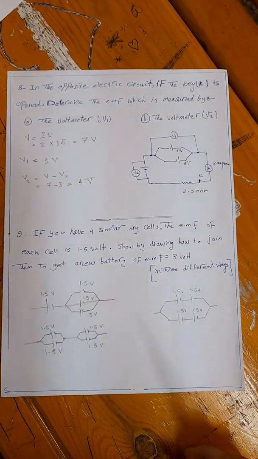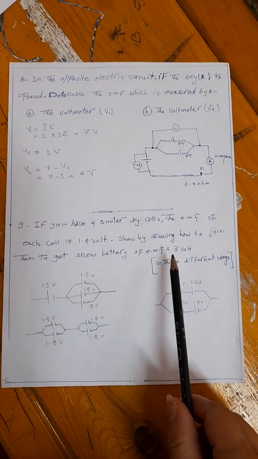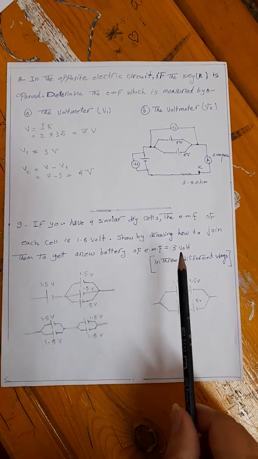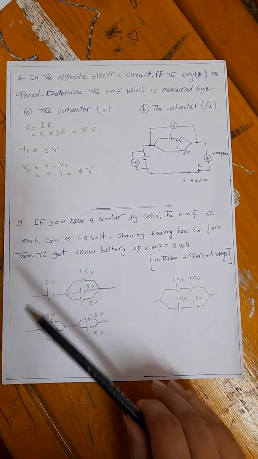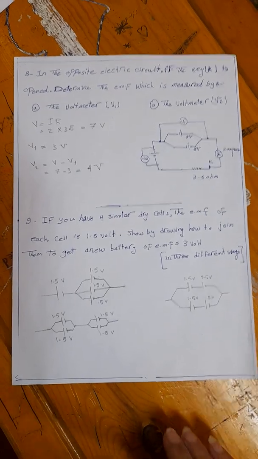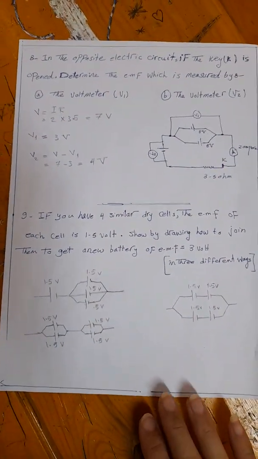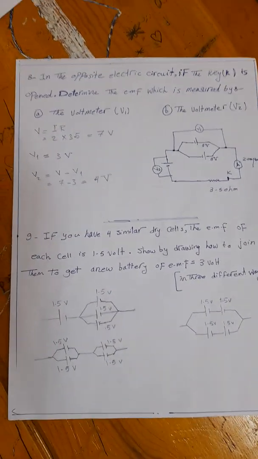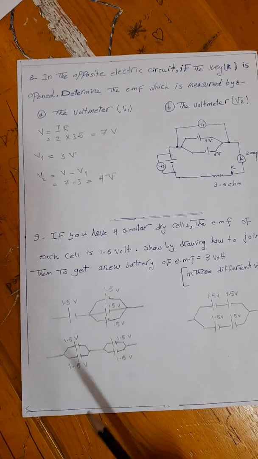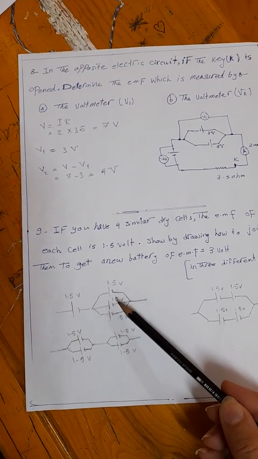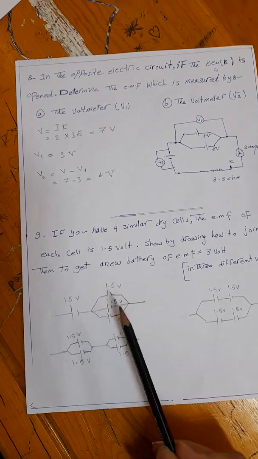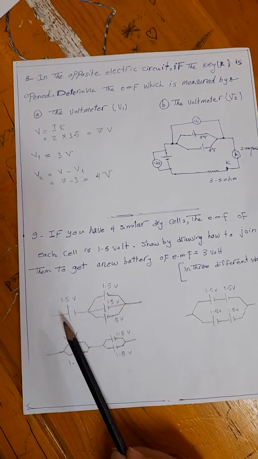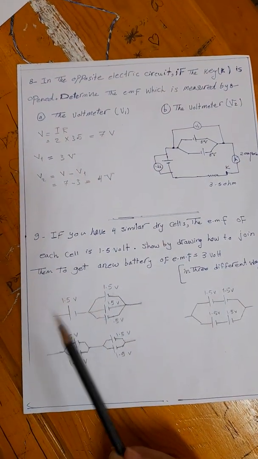To obtain electromotive force of 3 volts by these 4 cells, we can connect them in different ways as follows. 3 cells are connected in parallel, then connected to the fourth one in series.